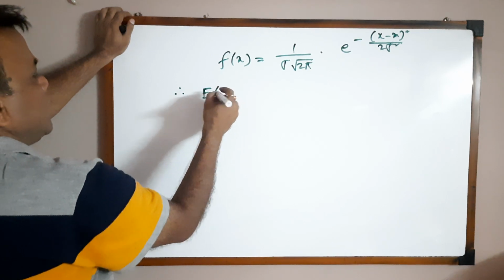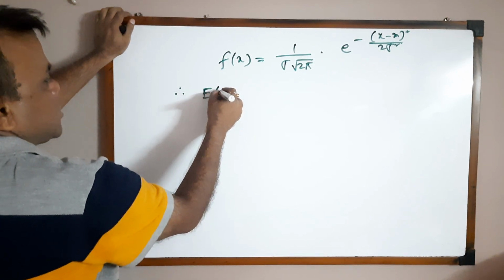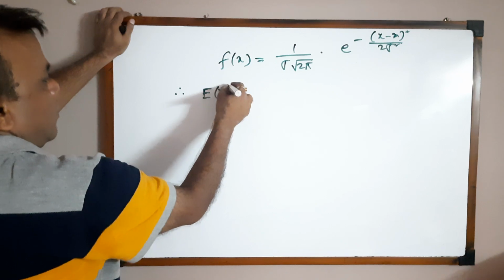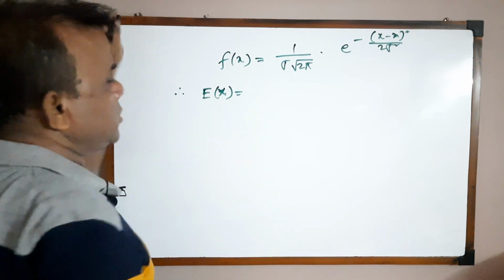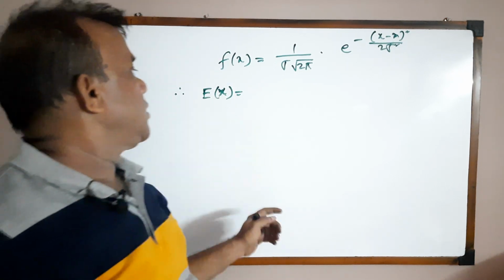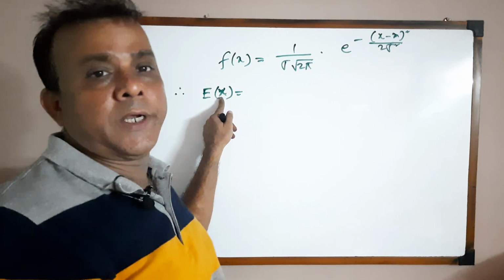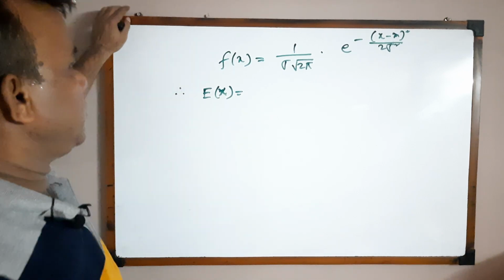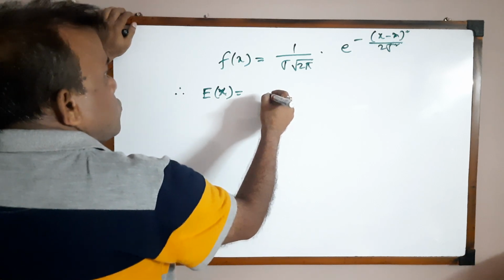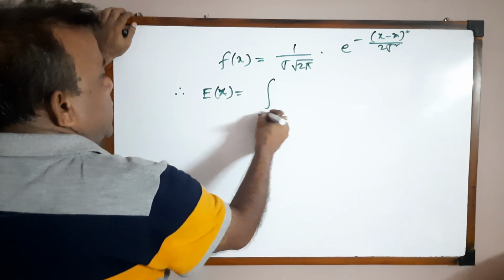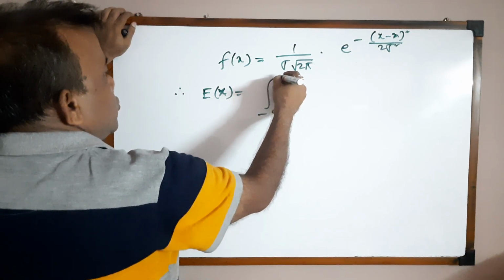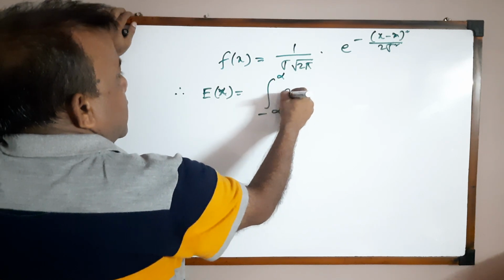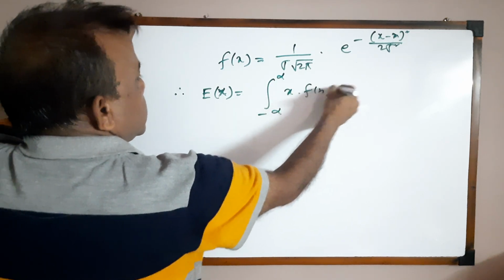Mean and expectation of normal distribution is E(X). X be the random variable which follows normal distribution here. Integration minus infinity to plus infinity x f(x) dx.